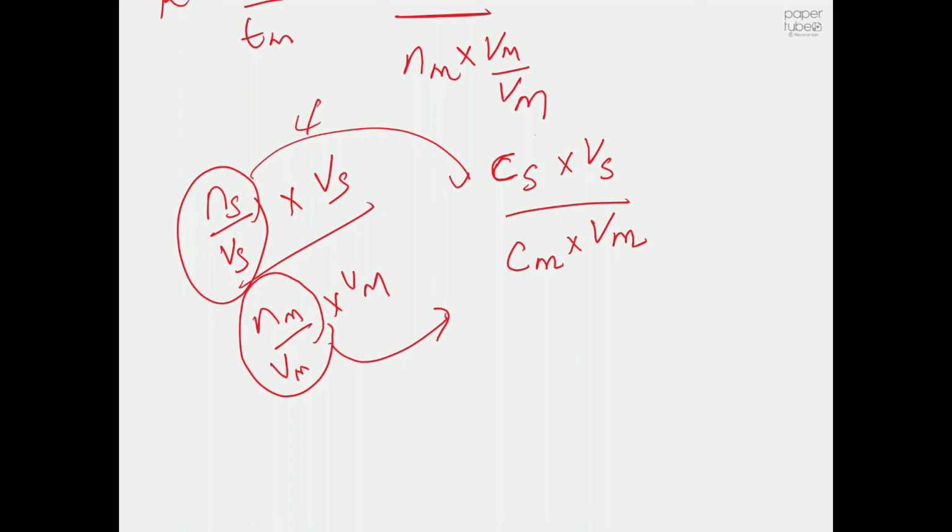This ratio is nothing but your equilibrium constant, or distribution coefficient, distribution constant, capital K. So little k will be equal to capital K multiplied by Vs divided by Vm. This is the volume of your stationary phase, and this is the volume of your mobile phase.